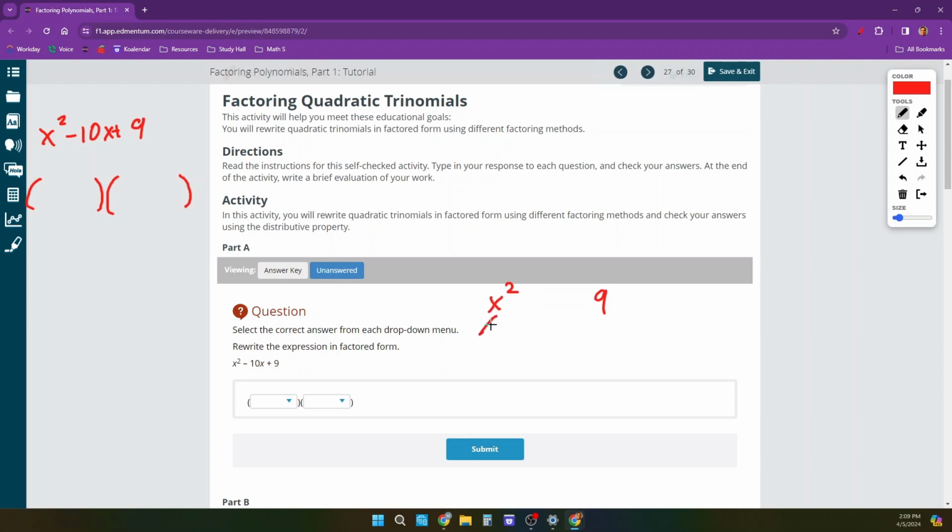So x squared, luckily enough, only has one way it could be factored, that being x times x. So I only have one option as to how to fill in my binomial, that being two x's in the front of each. For 9, I have a couple of options, though not many. The factors of 9 are 9 times 1 and also 3 times 3. So let's try 3 times 3.